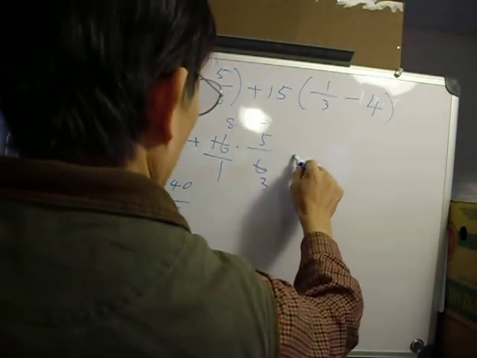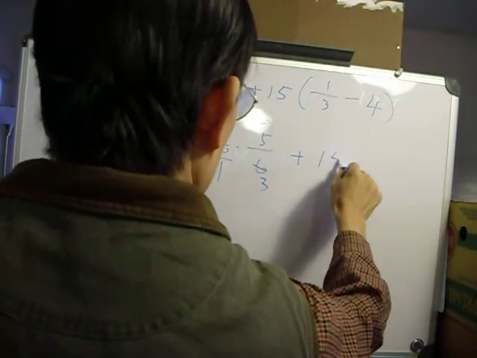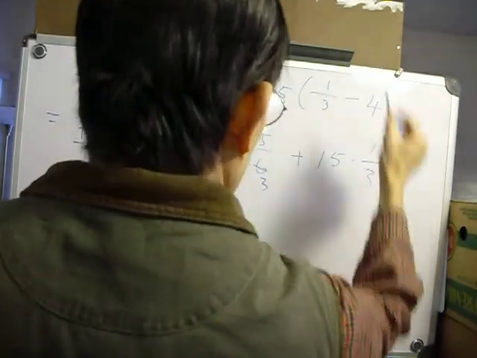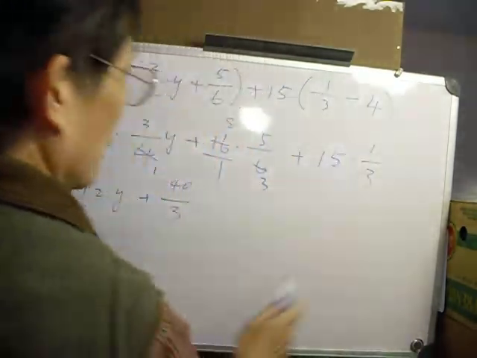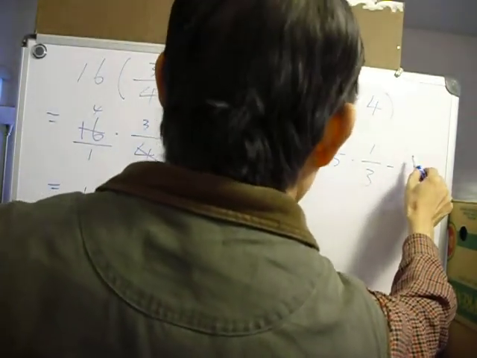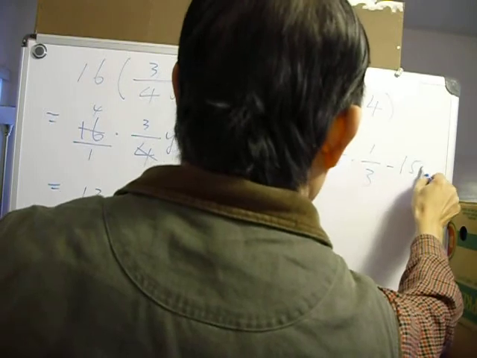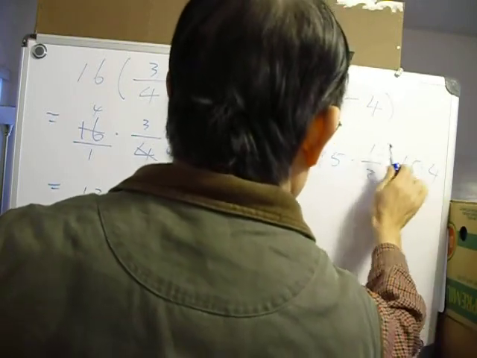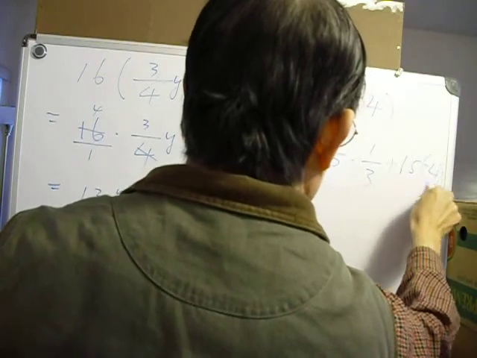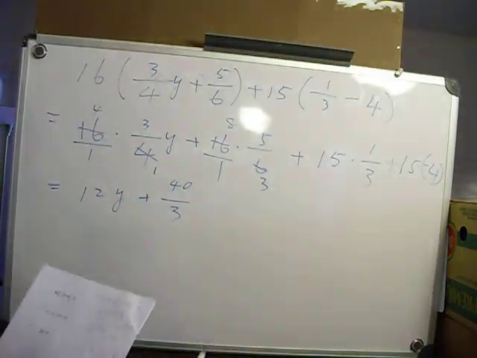To do the second part, 15 multiplied by this, distribute: 15 times 1/3, minus 15 times 4. You can do plus 15 times negative 4, put it in parentheses.